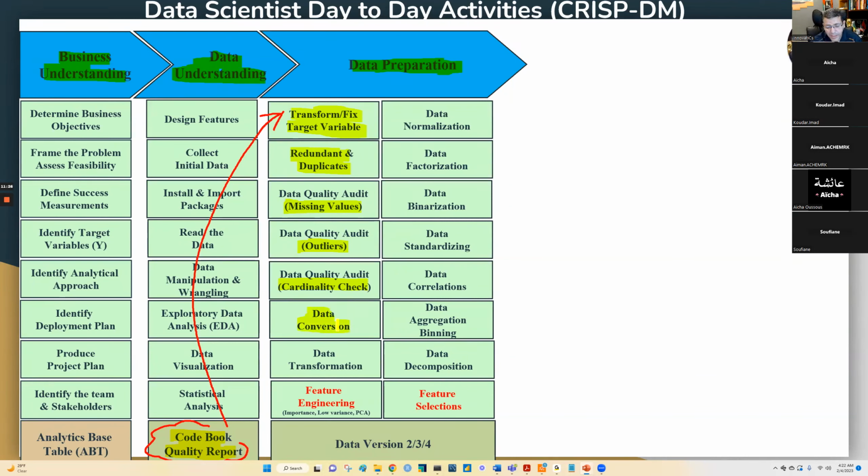Then if you have categorical data, we might need to consider transforming this categorical data into numerical data, depending on the type of categorical data: do we have nominal, ordinal, binary. Sometimes you don't really need to transform data, especially if you know ahead of time that you will be using some robust modeling, like a decision tree, random forest, or any model that uses the tree as the source.